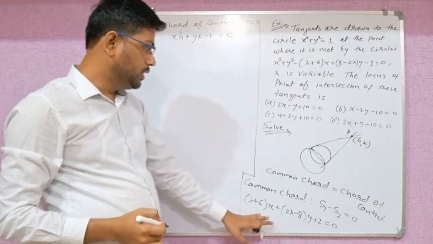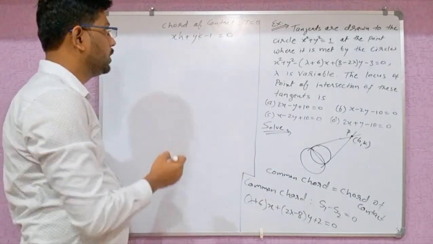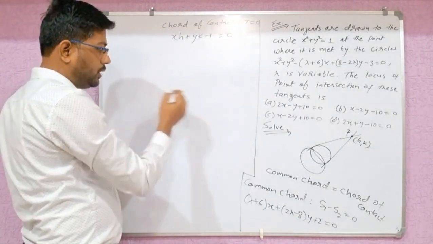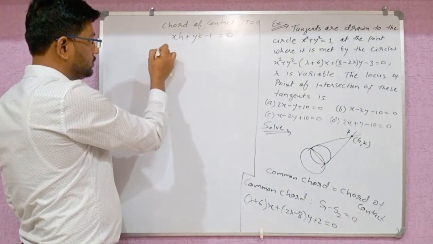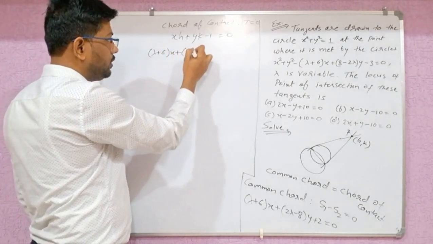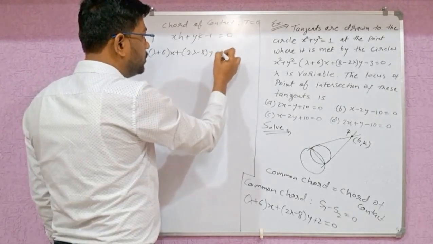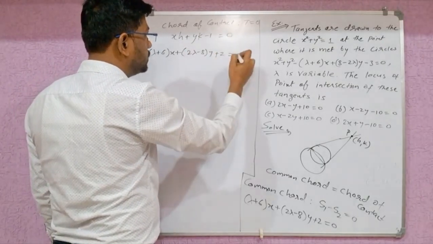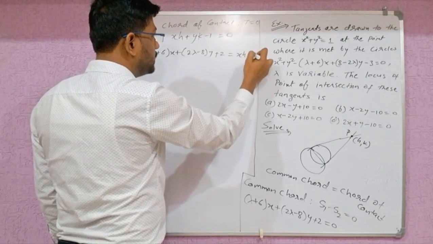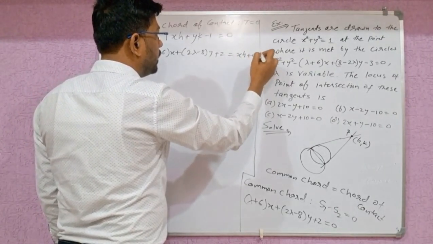Now this and this will be equal, because the common chord is equal to the chord of contact here. So I am equating: lambda plus 6 x plus 2 lambda minus 8 y plus 2 equals this, xh plus yk minus 1.